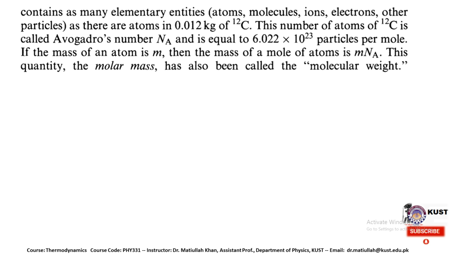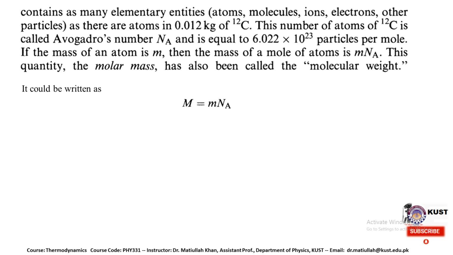If the mass of an atom is m, then the mass of a mole of atoms is m times Na, because Na is the number of atoms included in that. This quantity, m Na, is called the molar mass of a material, and it is also called the molecular weight of a material.